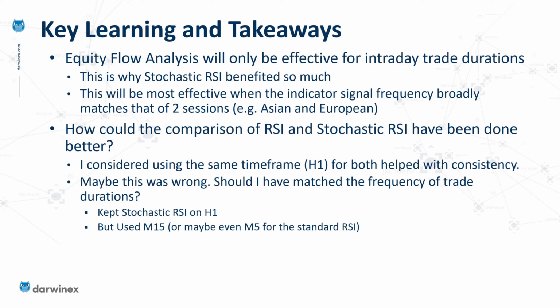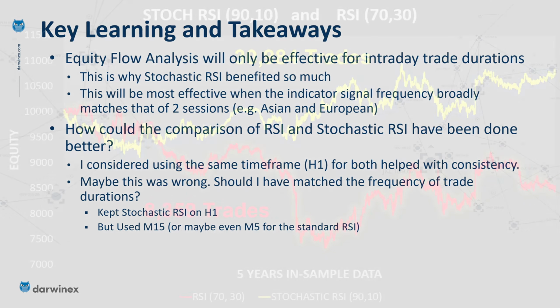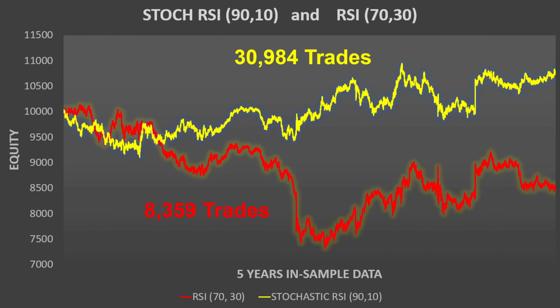Now, does that invalidate everything we've done with RSI and stochastic RSI? No, absolutely not. I'm still very much of the opinion that stochastic RSI is a better indicator than the standard when used specifically in relation to overbought and oversold signals.